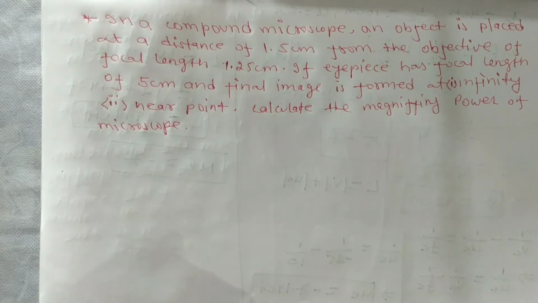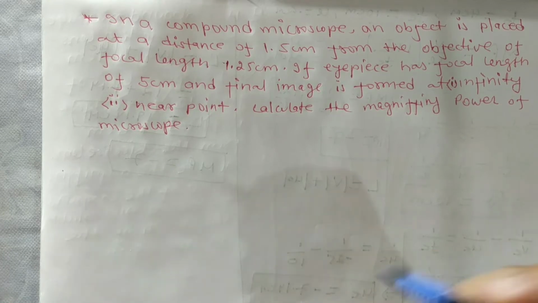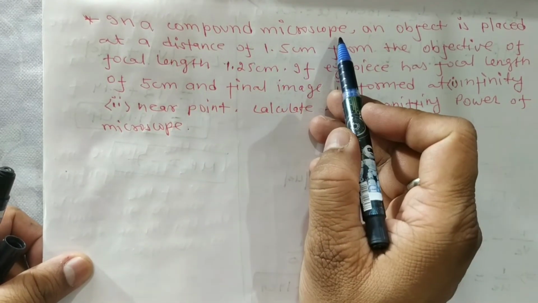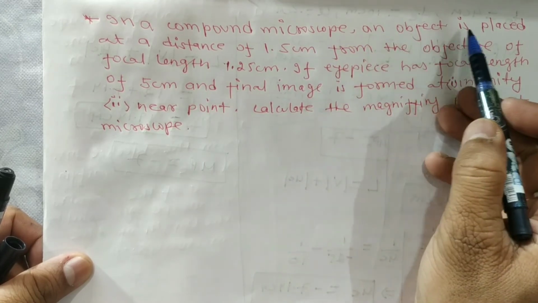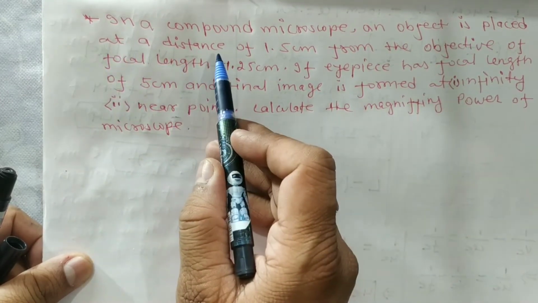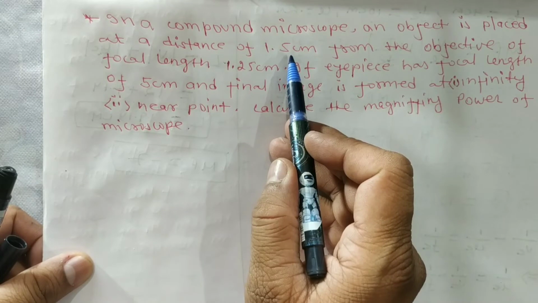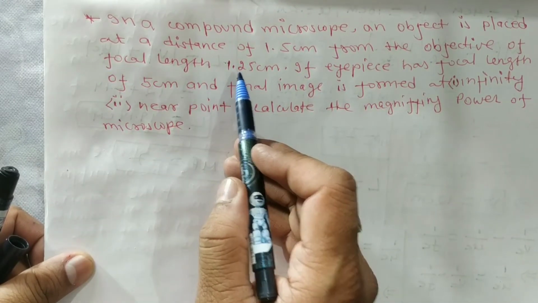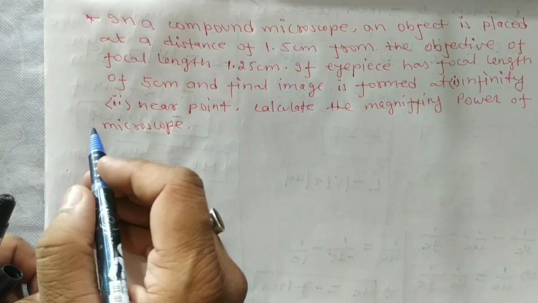Okay, now discuss the next question. In a compound microscope, an object is placed at a distance of 1.5 centimeter from the objective of focal length 1.25 centimeter.